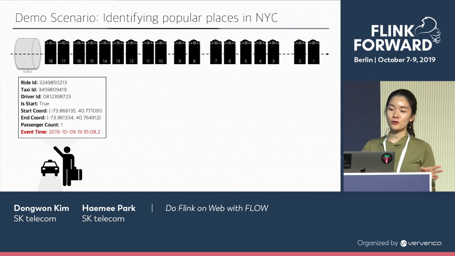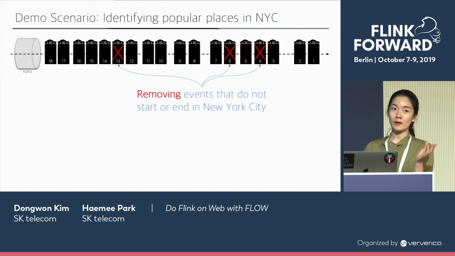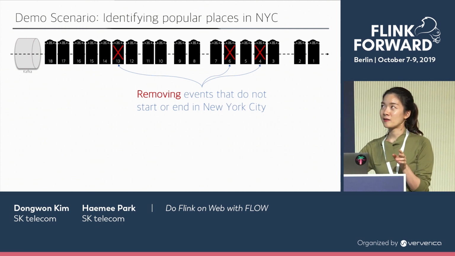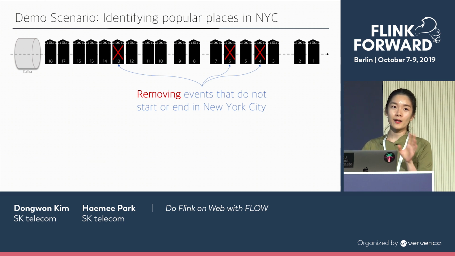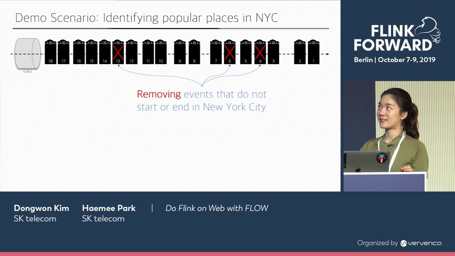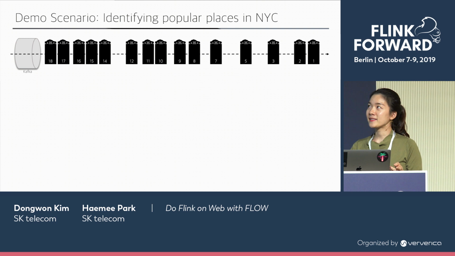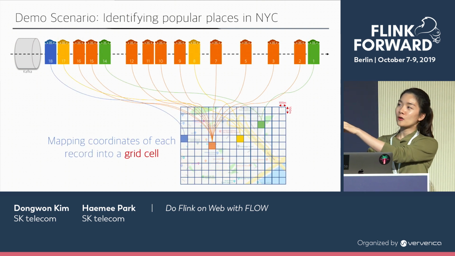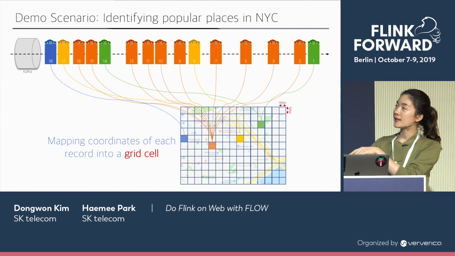So the first thing we should do is remove records which happened outside of New York City, since there are some records with invalid coordinates. Next, we are going to map each record into a grid cell on the map.